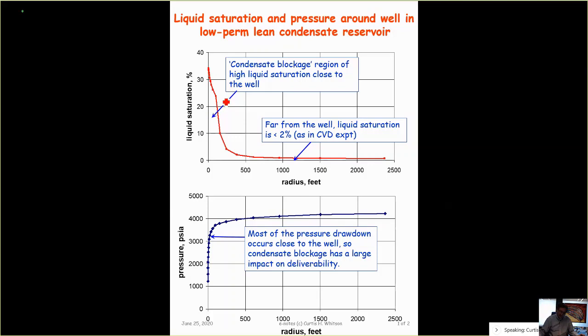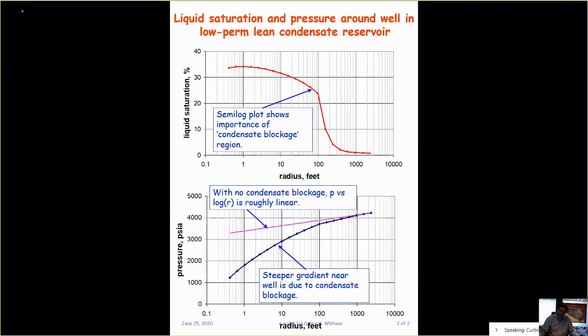So this is on the semi-log plot here. This is the pressure gradient that you would expect without any condensate blockage at all. And then you see you're getting much, much more pressure drop, all being due to the condensate blockage.